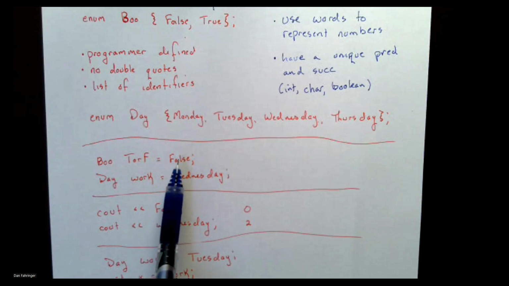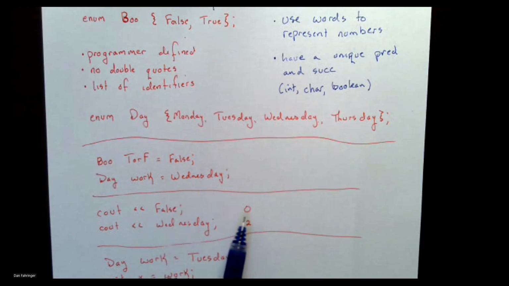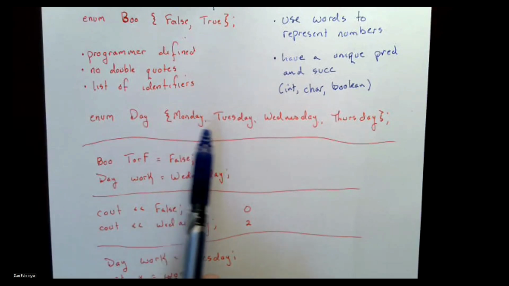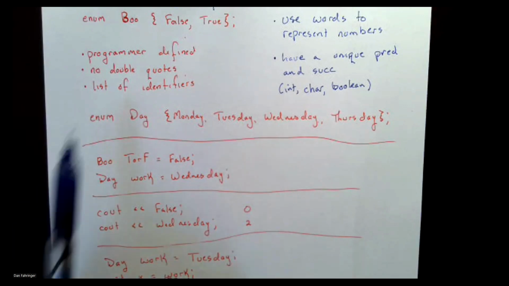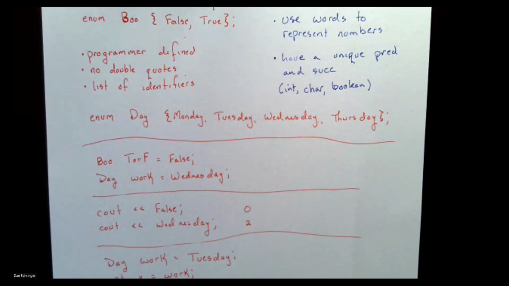If I took this false and did a cout on it, remember, these are names for numbers. These are names in your code that represent a number. If I display it, I get a 0. If I display Wednesday, 0, 1, 2, it goes by its location inside of this set when I declared it.